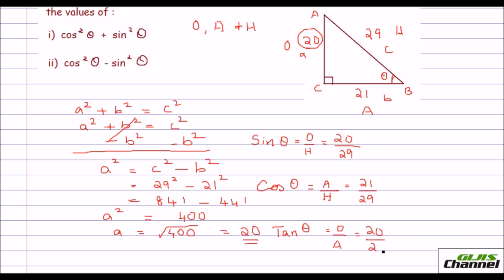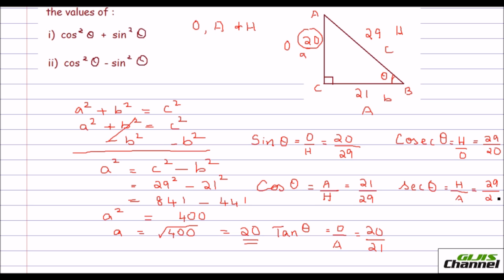So you have written the first three trigonometric ratios, and the next three you can just write as the reciprocal of these three, right? So your cosecant theta is hypotenuse over opposite, just the reciprocal of sine. So that would be 29 over 20. Secant theta, which is the reciprocal of cos, would be hypotenuse over adjacent, so that is 29 over 21.